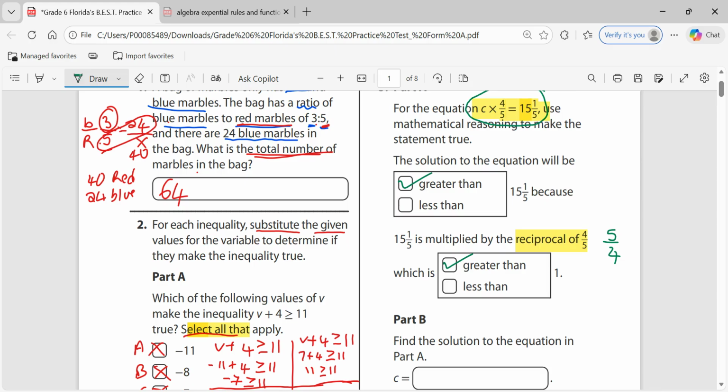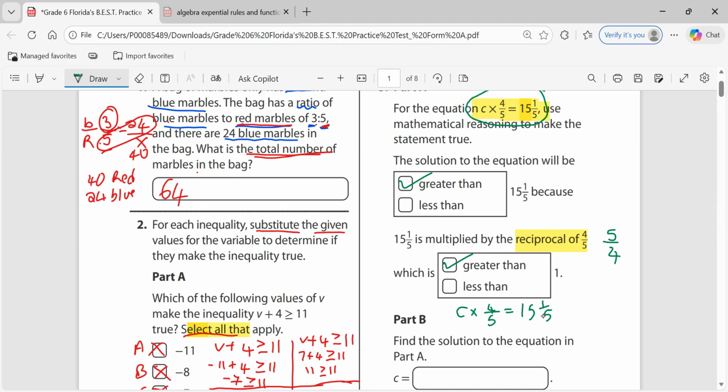We have C times 4/5. That's equal to 15 and 1/5. I'm going to go ahead and make that improper. So 5 times 15 is going to give us 75. Let me actually write 15 and 1/5.